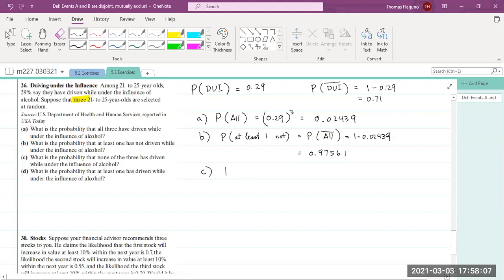So the probability that none of them, all these three, has that history means the probability that all three have no such history. That's 0.71 cubed, which is 0.357911.